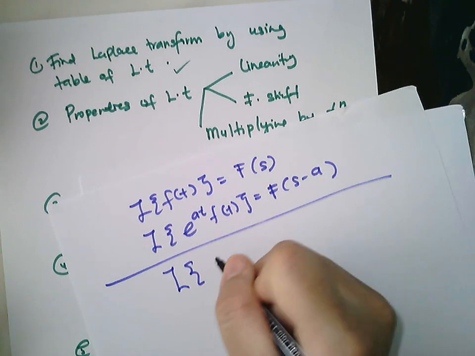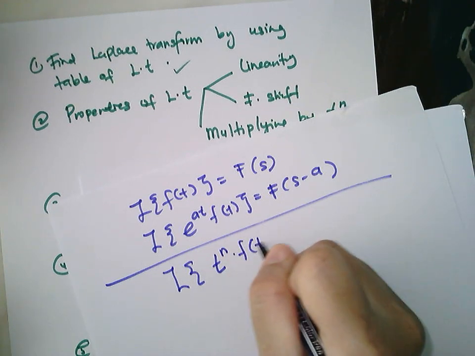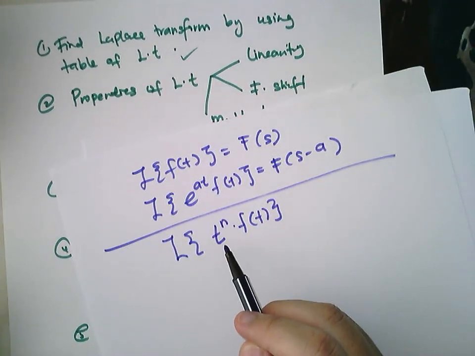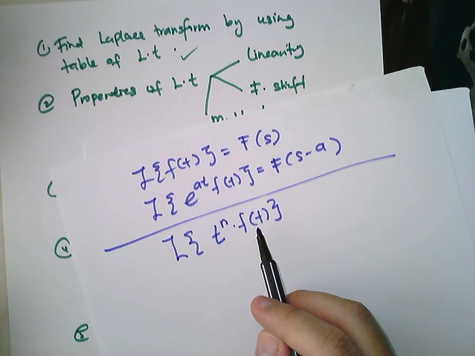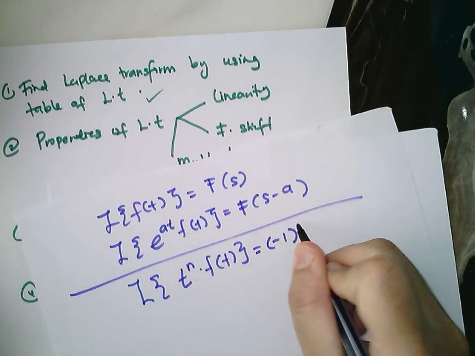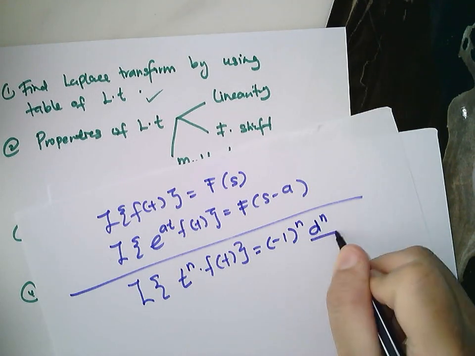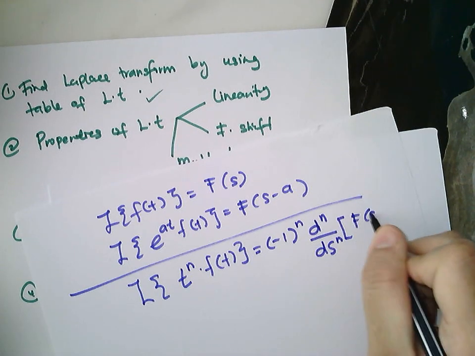a multiplication of two functions and one of the functions is t to the power of n. Laplace of this is equal to (-1)^n d^n/ds^n F(s).